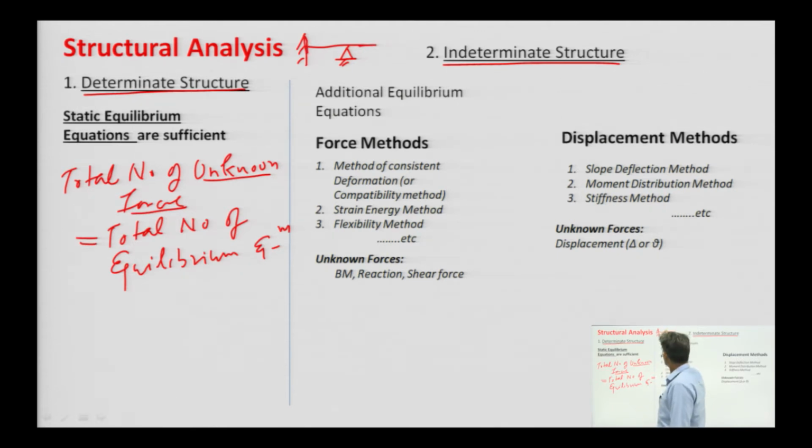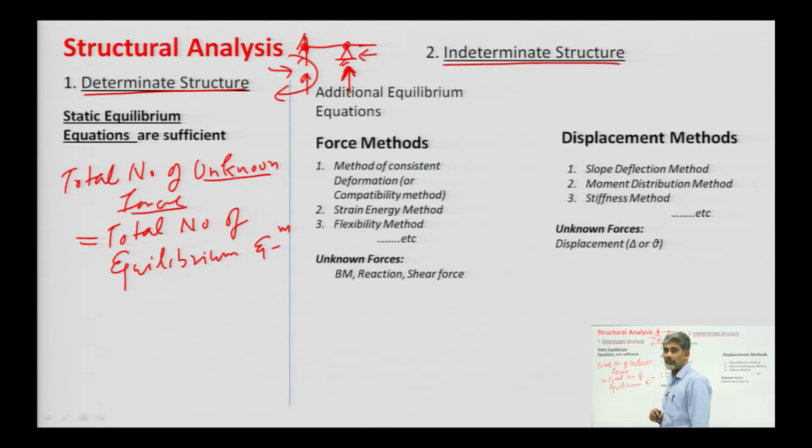Here at the fixed support, 3 forces will be considered as unknown forces, 3 unknown forces at this fixed support. And here at the hinge, vertical and horizontal also, as it is a hinge. So, 2 unknown forces at this point and 3 unknown at this point.